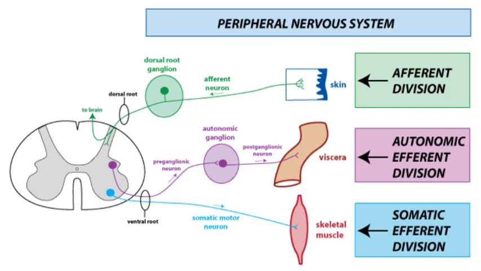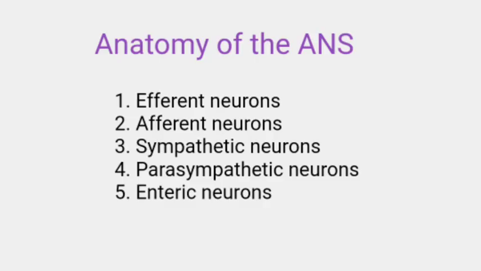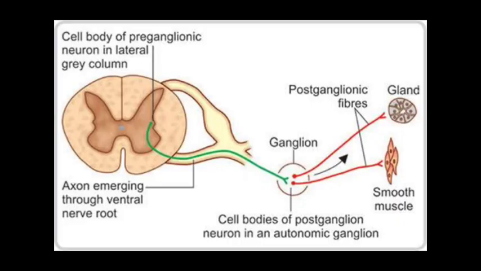Now I move towards the anatomy of the autonomic nervous system, which is composed of efferent neurons, sympathetic neurons, parasympathetic neurons, and enteric neurons. How do efferent neurons perform their function? The autonomic nervous system carries nerve impulses from the CNS to the effector organs by way of two types of efferent neurons.